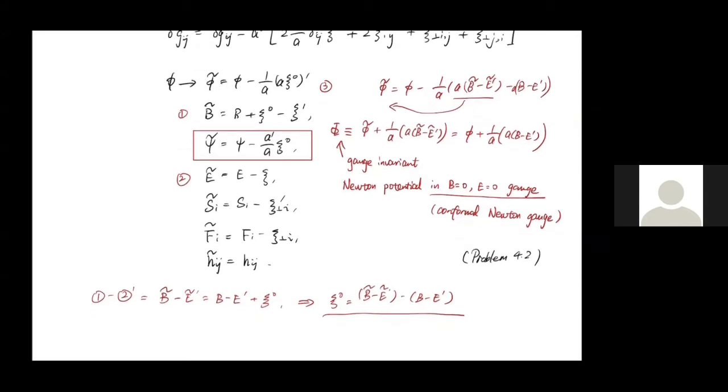And also similarly, if you look at this 4, you have a similar formula. Let me just write it in another color. So psi tilde equals psi minus a prime over a, or a, b prime minus a prime tilde. Oh, sorry, there is a prime I have missed. Yes.